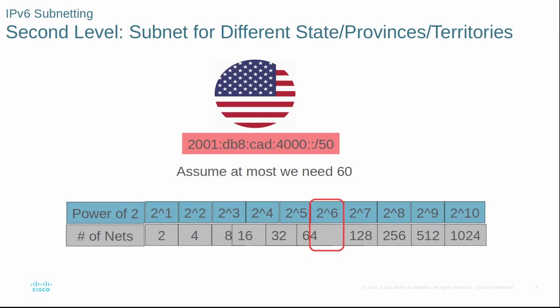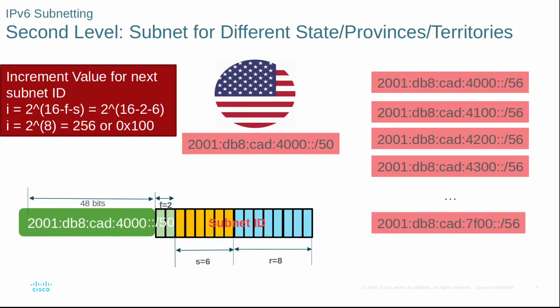So we're going to borrow 6 more, and we're going to start incrementing within that. So we get 4000, it's now a /56, right? We took it from a /50 to a /56. 4100, 4200, 4300. Just keep counting up until we get to 7F00. That's going to be our last one.